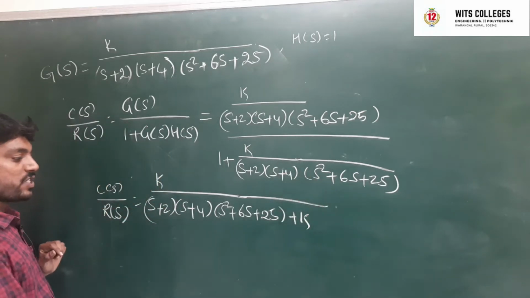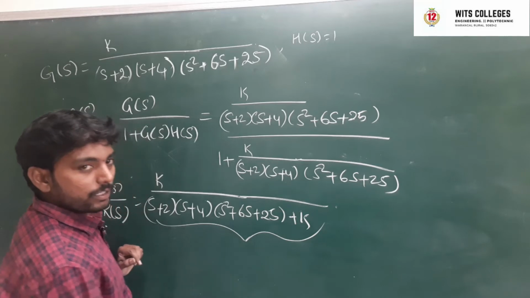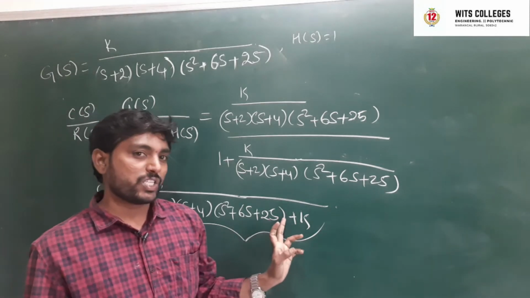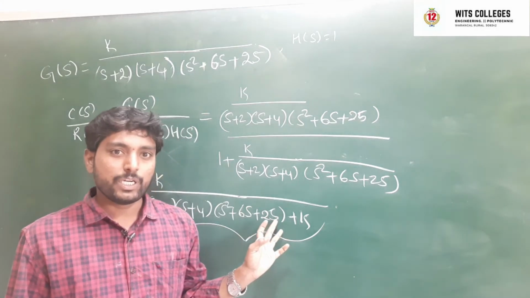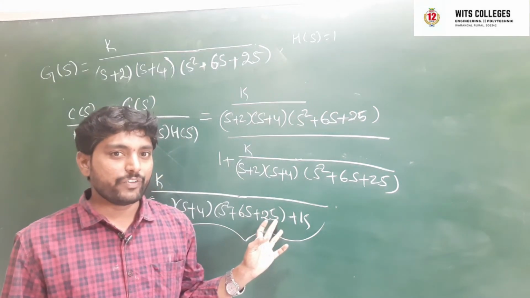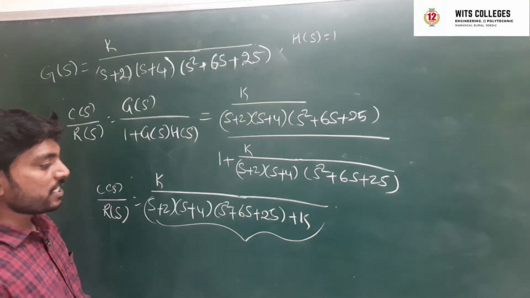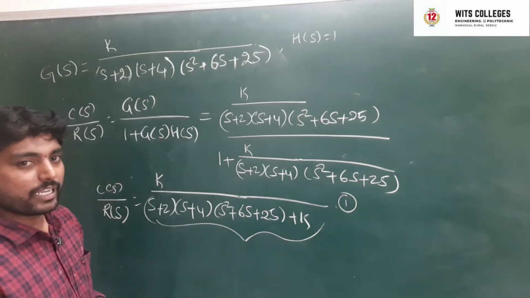For this transfer function, the denominator is called the characteristic equation. Based on this characteristic equation, we define whether the given system is stable or not. The first condition is that all the poles must be located on the left side of the s plane.